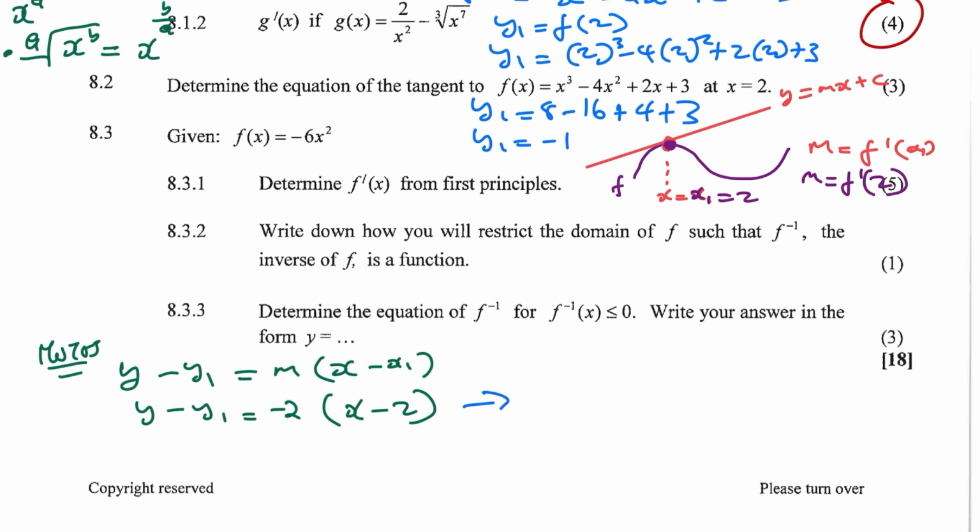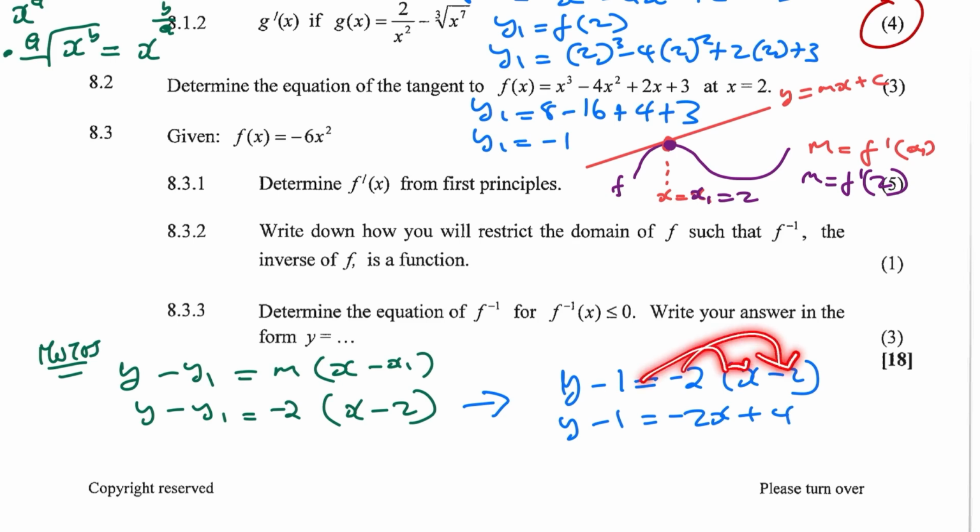Now, you have y minus negative 1 is equal to negative 2 times x minus 2. Do you see how we are maneuvering this? So what you're doing is removing the bracket, so it's going to be negative 2x plus 4, because negative 2 times negative 2 is positive 4.